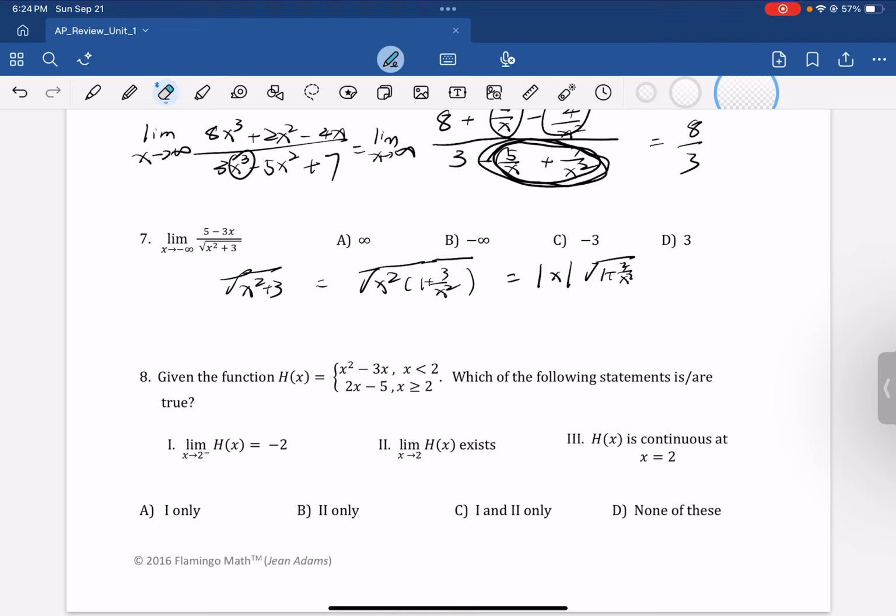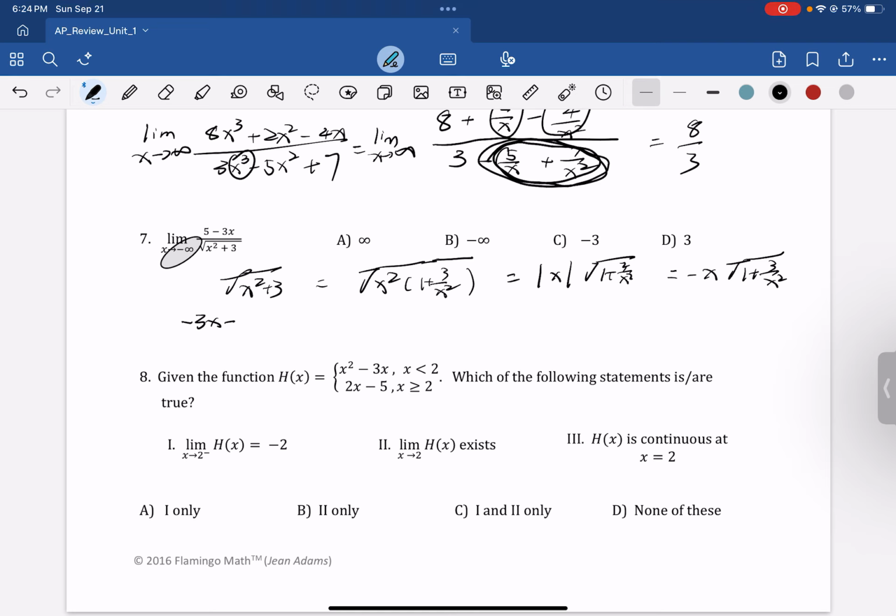And when x approaches negative infinity, which means x is a negative value, we can get its negative x times the square root of 1 plus 3 over x squared. Alright, so for the denominator, we just keep it the same, but rearrange it, which becomes negative 3x plus 5.